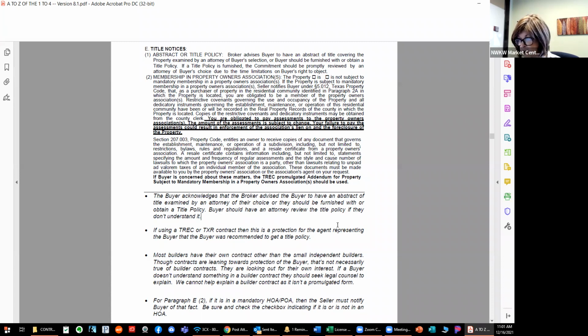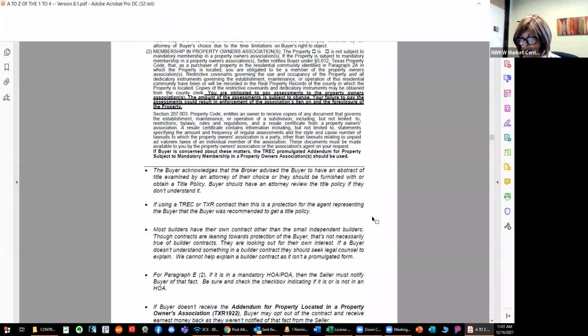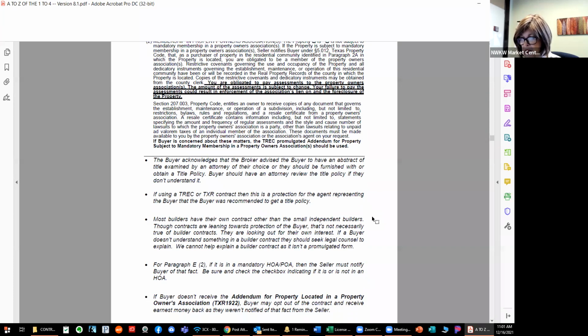In which case, if it's necessary, then they should get an attorney to look it over for them if they're confused about it. If using a TREC or TXR contract, which is what we should be using, this is a protection for the agent representing the buyer that the buyer was recommended to get a title policy. You should get a title policy.